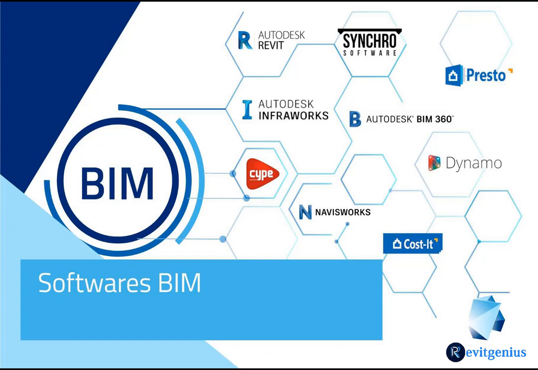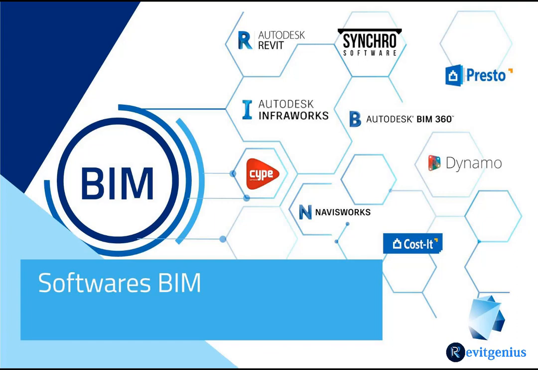These models contain a wealth of information about the building, including material properties, layering and composition, dimensions, thermal properties, structural properties, and much more. BIM is not just a software.